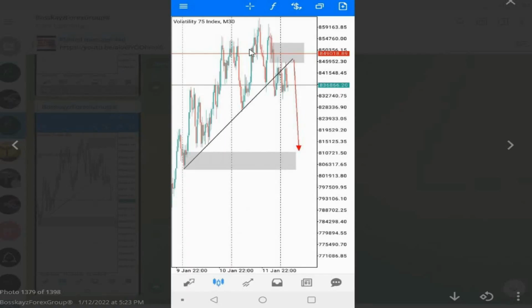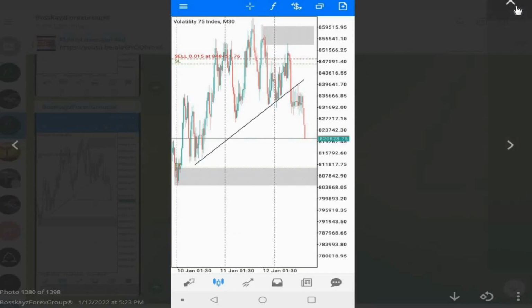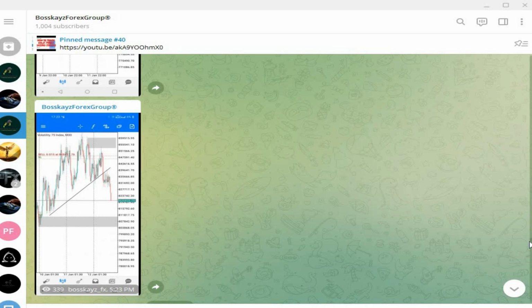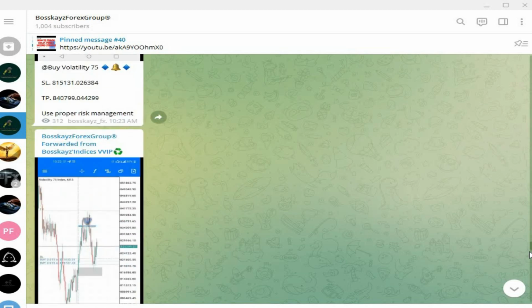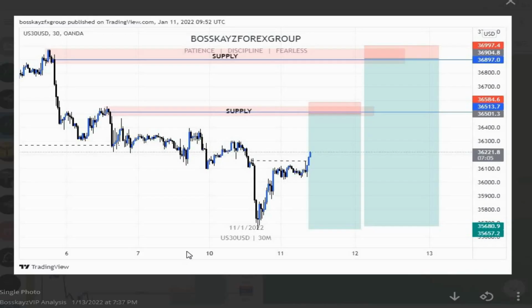And this is the V75 sell, we took the sell. Many trades, guys, and this was the trade which we were showing you there, the supply zone on US30. We said this was our potential supply zone, which we like to see the price going down from as well. So we thought they were coming back to this zone.